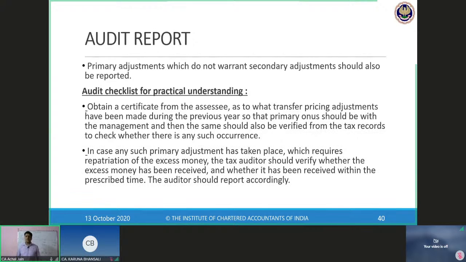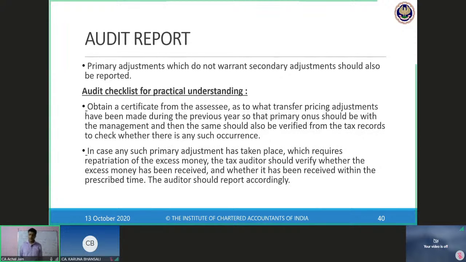So it's very simple. First of all, take the details from the management, so that the management would say that they have provided all of these details which the tax auditor has verified. It's not about the tax auditor preparing all of those details.